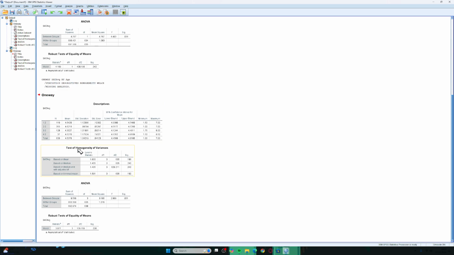Okay, about the Levene test results, we have the significance value of 0.188. Since this figure is greater than 5%, the assumption is met, and the results of the ANOVA table are valid. We'll look into the ANOVA table.